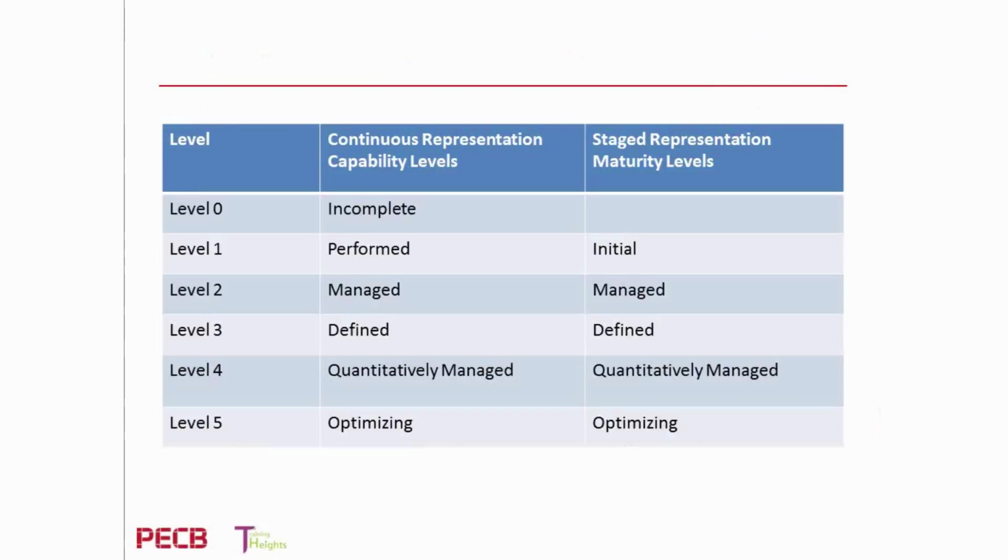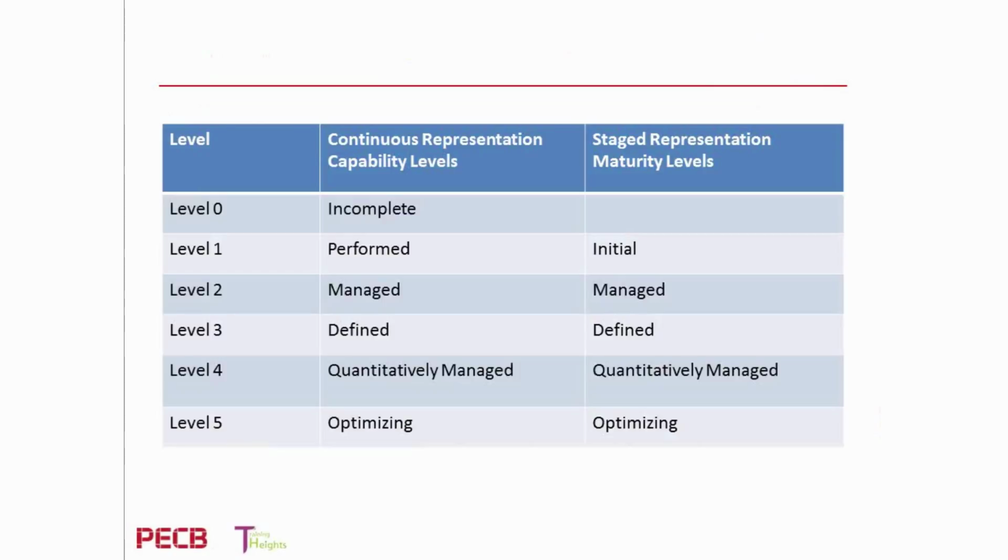For organizations that are interested in putting something on their brand, letting the entire world know the level of their maturity with regards to their software development, they use the stage representation. They are the ones that do initial, managed, defined, quantitatively managed, and optimizing.